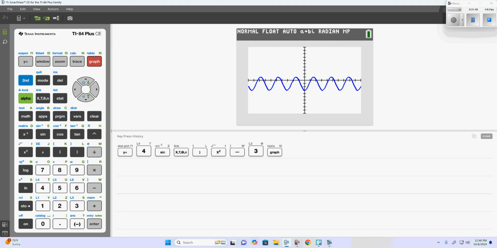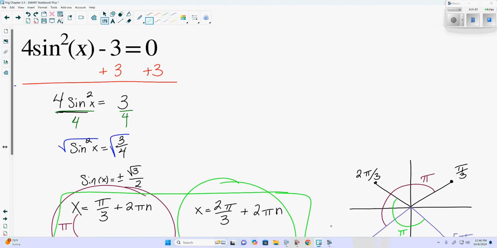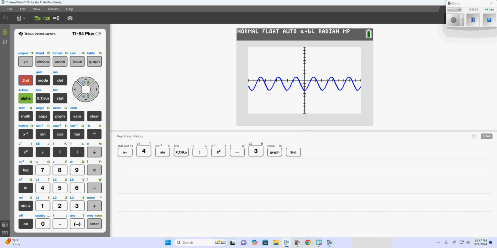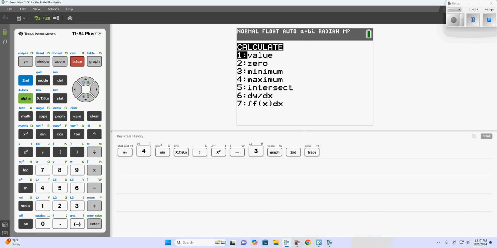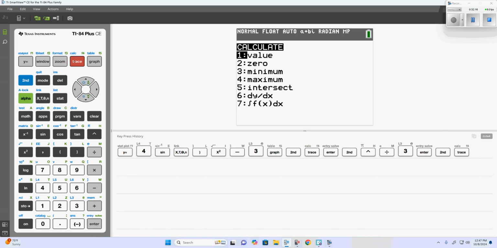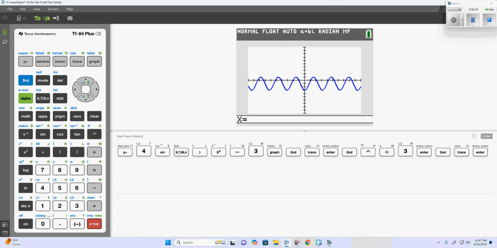Now, again, our first one was pi over 3, I believe. Well, pi over 3 is not going to be a nice value, but if we remember, we can go to second trace value. Pi divided by 3 is 0. Second trace value. So here it was 2 pi over 3.